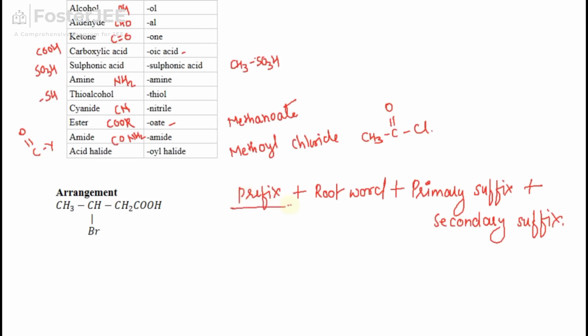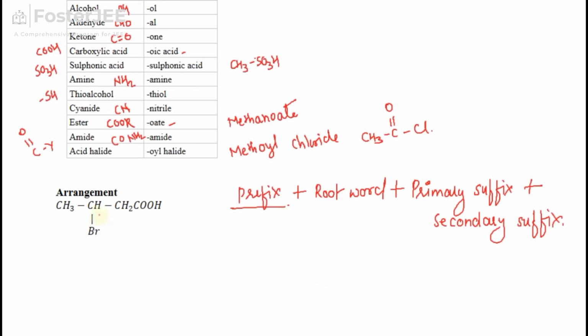Prefix is used for some substituent groups. For example, the halides like chloro, bromo, iodo, and some other substituents like nitro group or nitroso group.